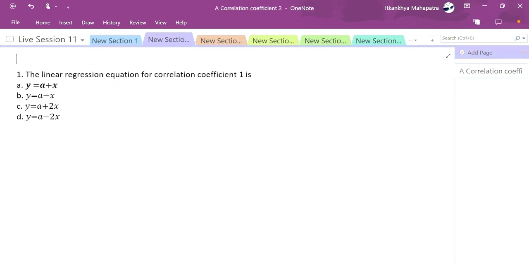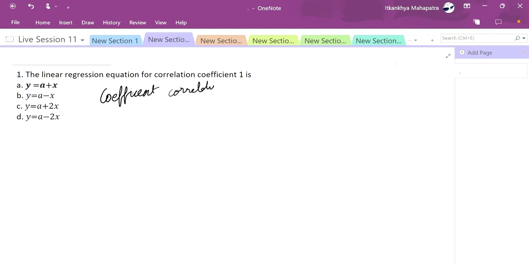The first question is, the linear regression equation for the correlation coefficient is which equation? First we will discuss what the coefficient of correlation is, and what happens when the coefficient of correlation becomes 1.